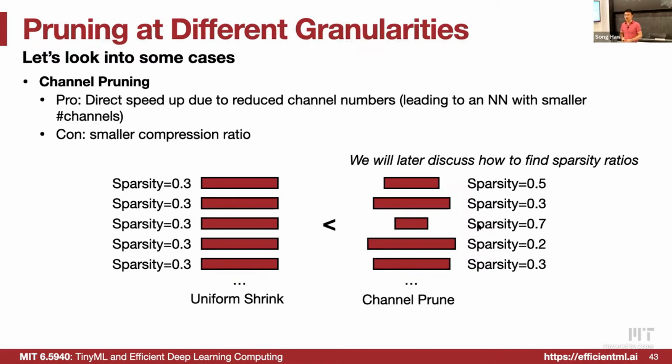But if you want to extract the inference efficiency to the extreme, different layers indeed may have different redundancy and sparsity ratio. And we don't necessarily have to keep the same number of channels across different layers. Usually sensitivity analysis helps to analyze that. So we are going to talk about it in lecture 2 of pruning.